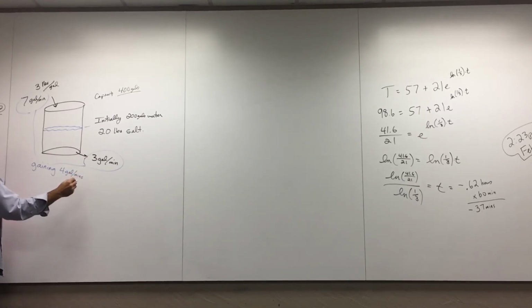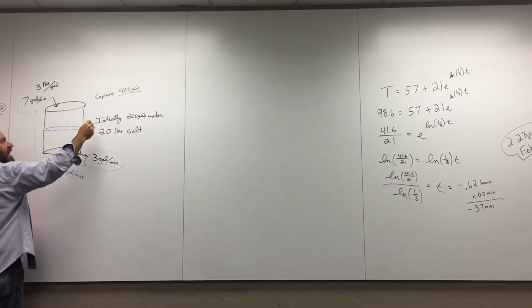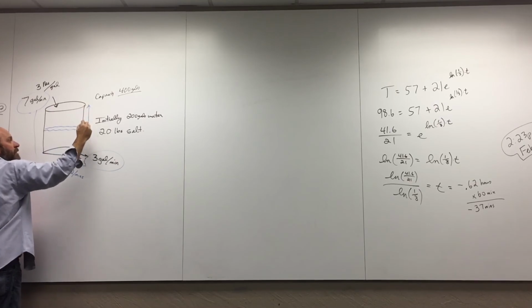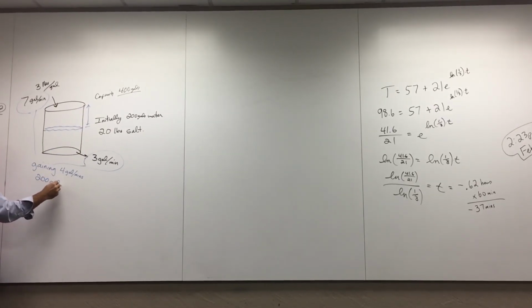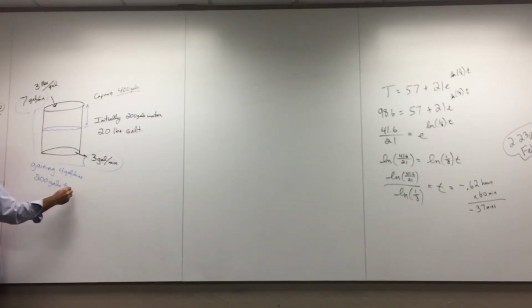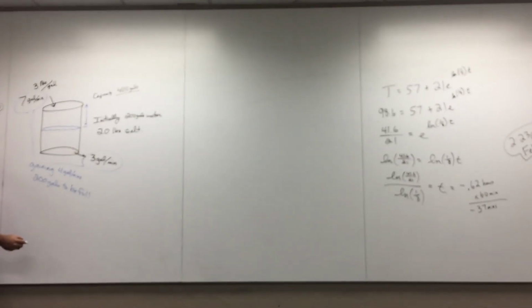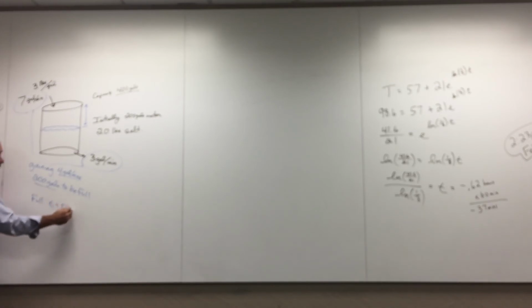And by the way, it's got to go from 200 to 400. It's got 200 gallons to be full. So when is it full? 50 minutes. 4 gallons a minute, 200 gallons, 50 minutes. Okay, so this thing is full when t is 50 minutes.